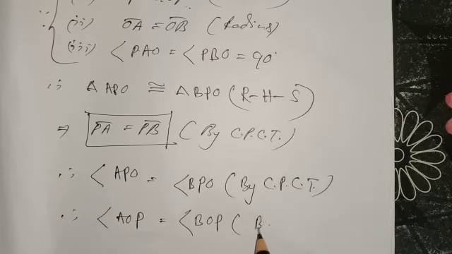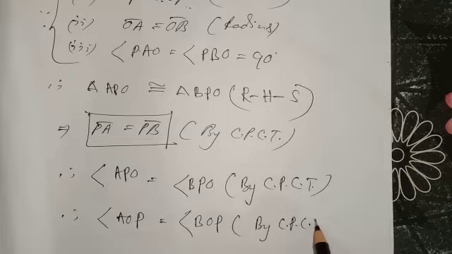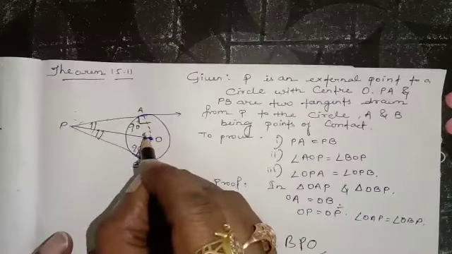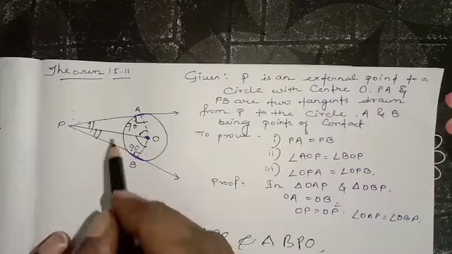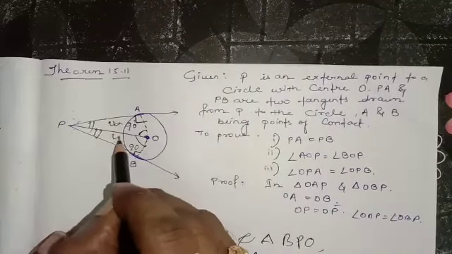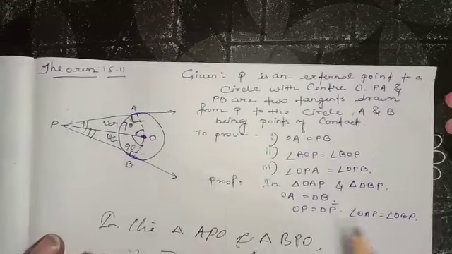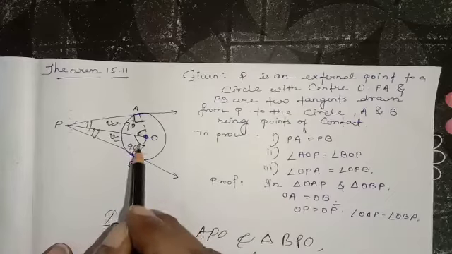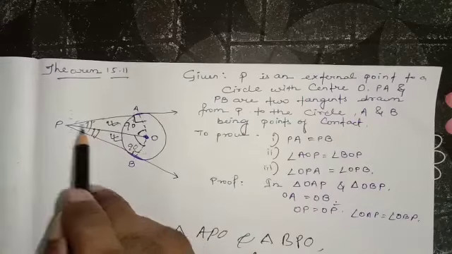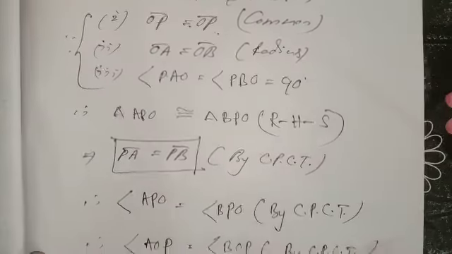This is also by CPCT. Whenever two triangles APO and BPO are congruent by the theorem RHS, the remaining angles will be equal, and PA is equal to PB, and this theorem was given to prove PA is equal to PB.